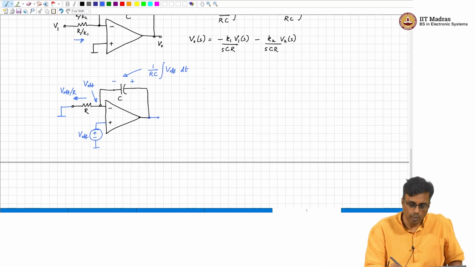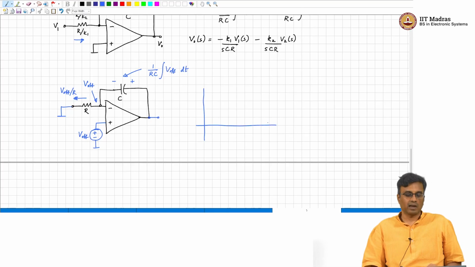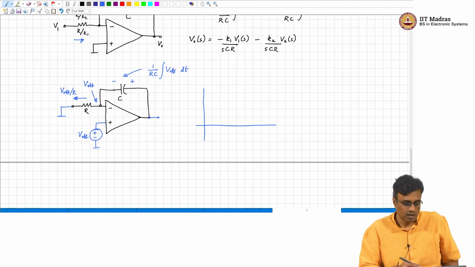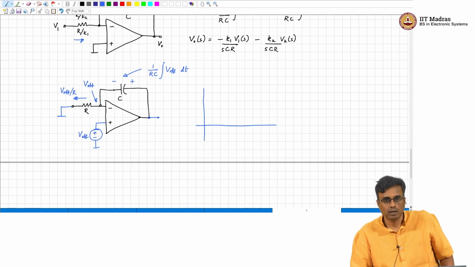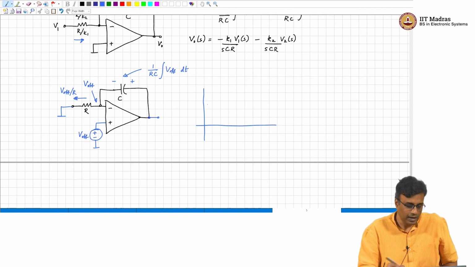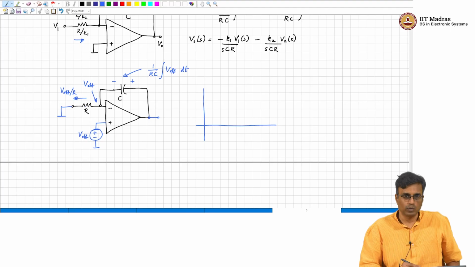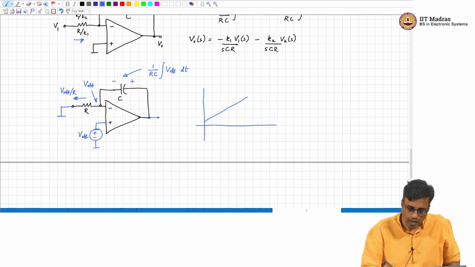What comment can you make about the output voltage? Let us say we turn on the circuit, and the capacitor is initially uncharged. The output will start at V offset, because the virtual ground voltage is at V offset, and then it will keep going up and up.